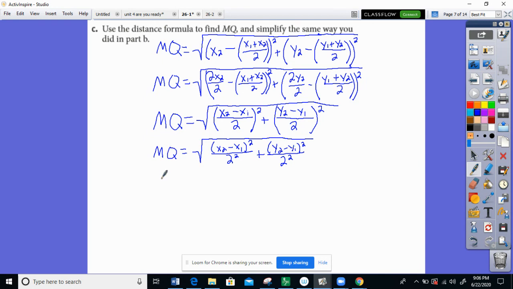All right, just to show you that there's more than one way to work out problems like this, I'm going to go ahead and factor out a 1 over 2 squared, and then have x2 minus x1 squared plus y2 minus y1 squared.